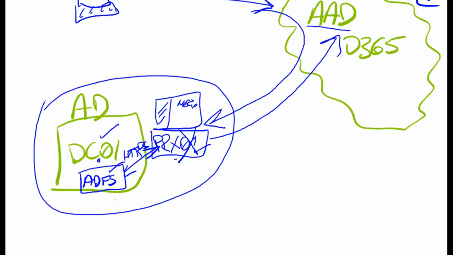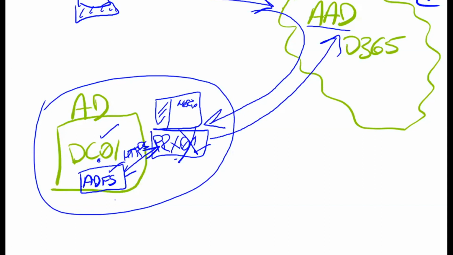Now, once the authentication happens, a mobile device, for example an iPhone or an Android device, will get a token that's going to have a certain amount of lifetime. It's not going to require authentication each and every time. So even if this ADFS infrastructure becomes unavailable for a short amount of time, that token will still be valid, and they will be able to get their email, for instance.